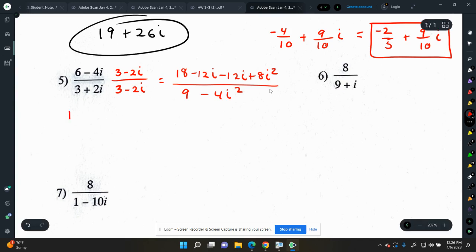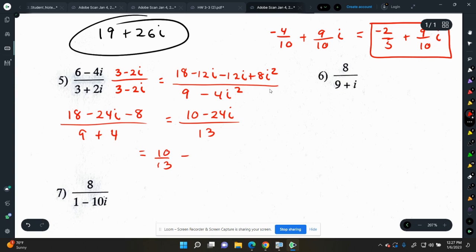Okay, that's going to give me 18 minus 24i minus 8 over 9 plus 4. So that's 10 minus 24i over 13. Putting that in standard form, 10 over 13 minus 24 over 13i. We good with that? Is that correct, Gavin?